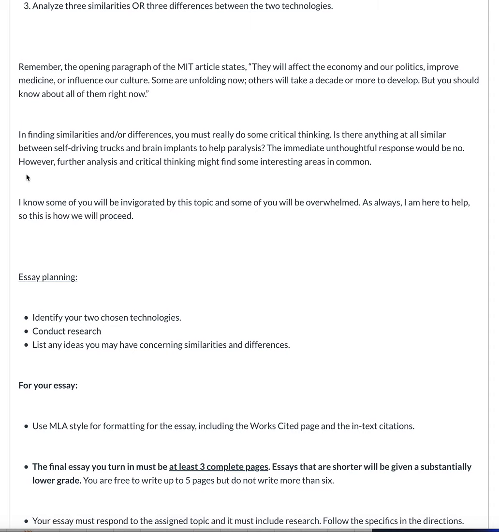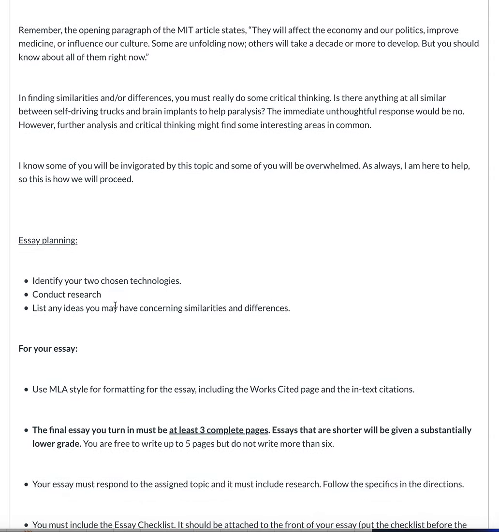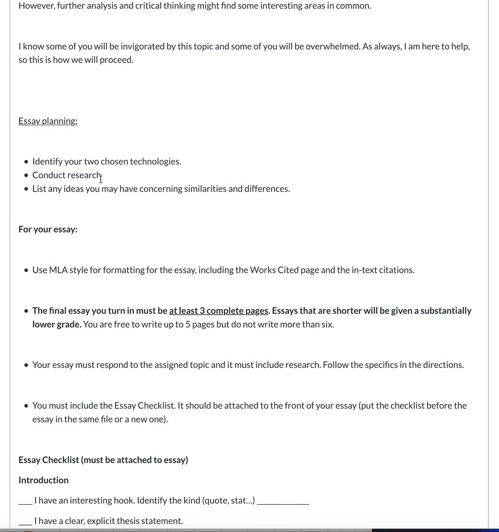So you're going to have to do a little critical thinking after you identify the two technologies. You're going to have to do a little research after you identify them, but then you will need to start putting them together in a format, and that format is point by point. So if you were talking about, for example, a medical technology, and you're talking about how it helps people, it helps recovery speeds, you can then talk about how both help recovery speeds in a patient.